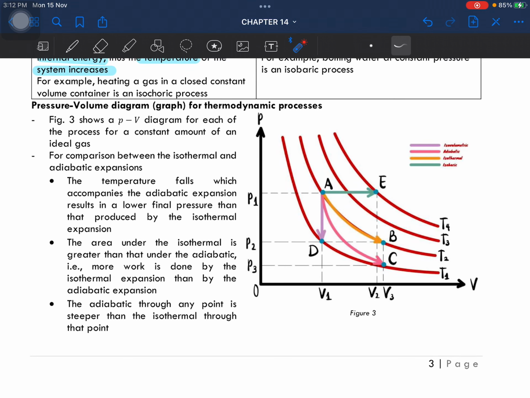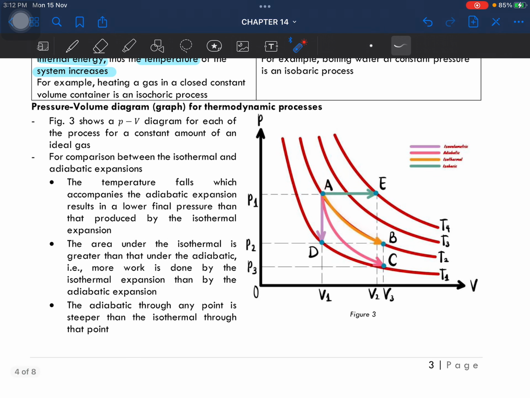For comparison between the isothermal and adiabatic, the temperature fall which accompanies the adiabatic expansion causes a lower final pressure than the one in the isothermal process here. The area under the isothermal is greater than the area under the adiabatic, which is up until here.